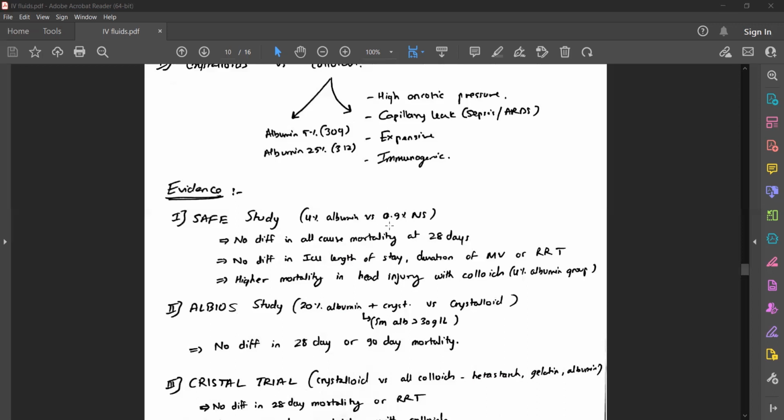So what we infer from this trial is, although there's no difference in the all-cause mortality between using crystalloids like normal saline versus colloid like albumin at 28 days, you have to remember that it showed statistically significant higher mortality in head injury patients, and hence colloids should be avoided in patients with traumatic brain injury.